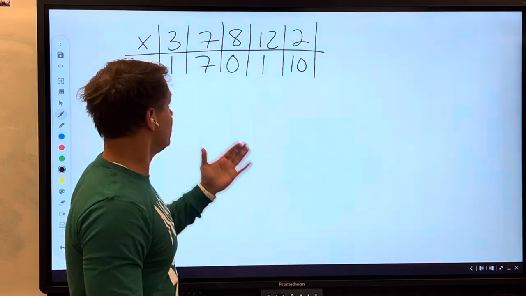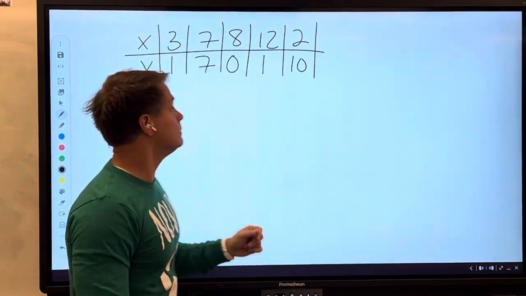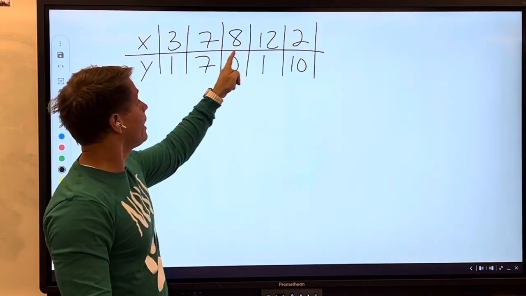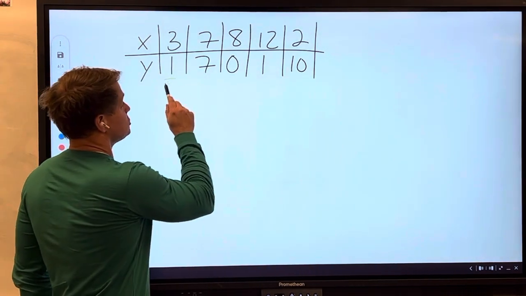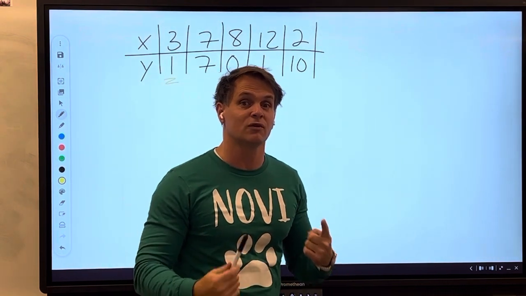Again, if I look at this table and try to determine, is it a function or not? The answer is yes, it is a function because all the x values are different. It doesn't matter that I have 2 of the same y values. As long as I have all different x values, it is a function.